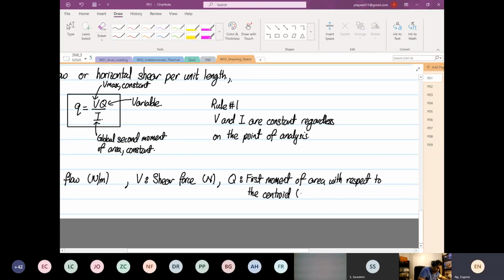And the unit is meters cubed. Now let me elaborate more about the first moment of area.